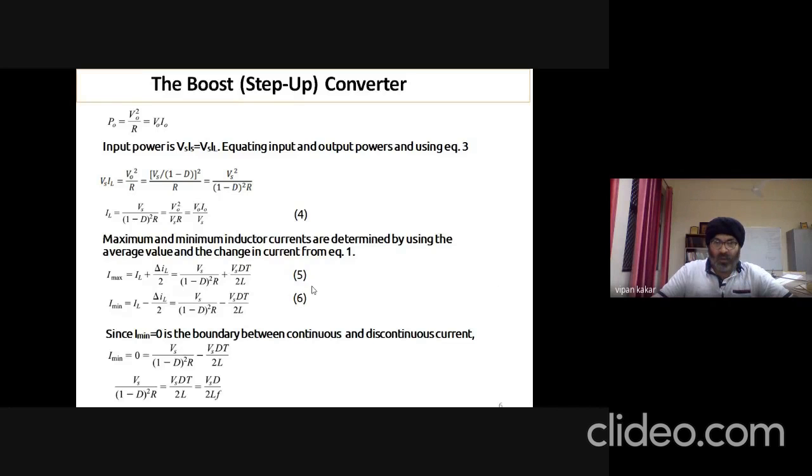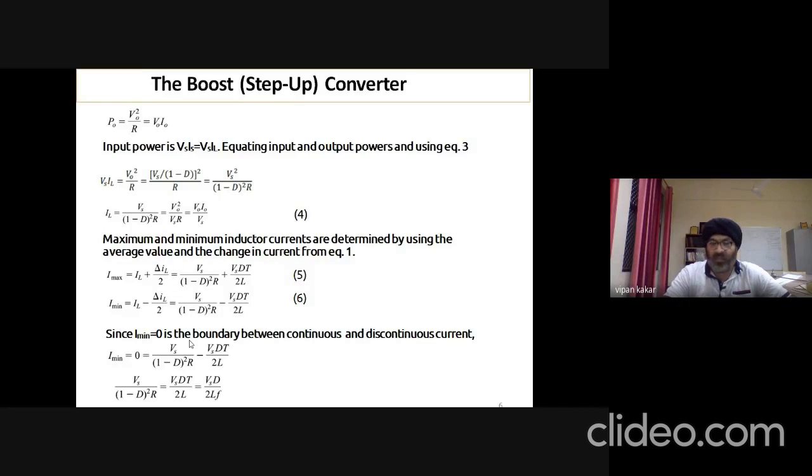Now, we need to find the boundary between continuous and discontinuous. This we saw for continuous current. Another one is at the boundary of continuous and discontinuous current. And for that, I minimum has to be 0. It touches the 0 line and then immediately shoots up or ramps up.